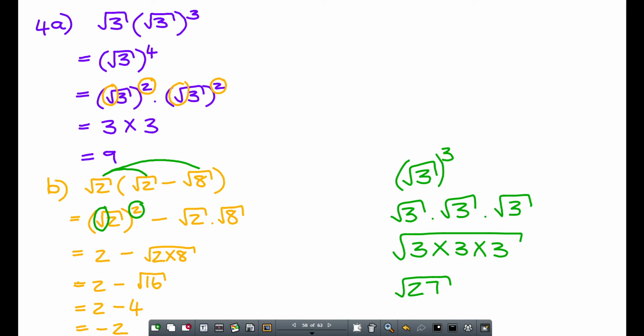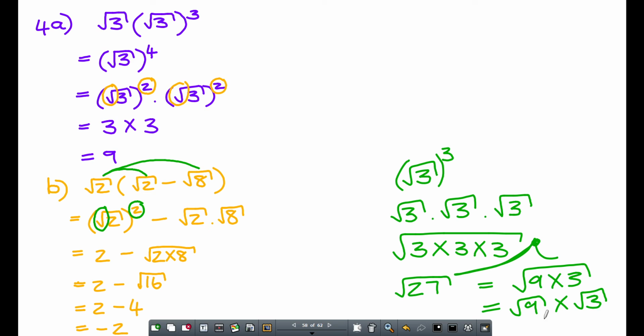And 27 is the same as 9 times 3. So from here, you could have skipped to either that one or this one. That can be broken up to square root 9 times square root 3. Square root 9 is 3, and the square root 3 stays.